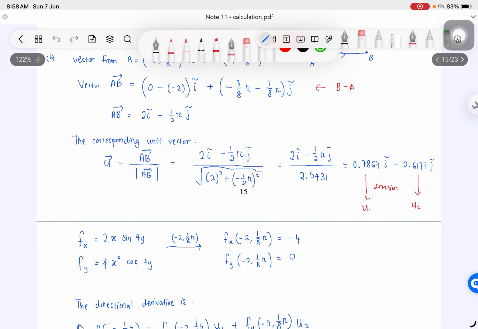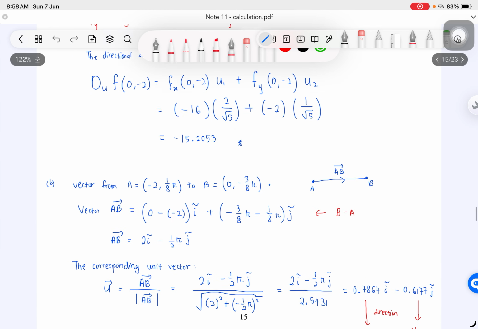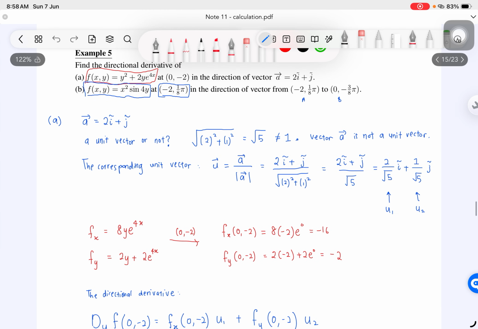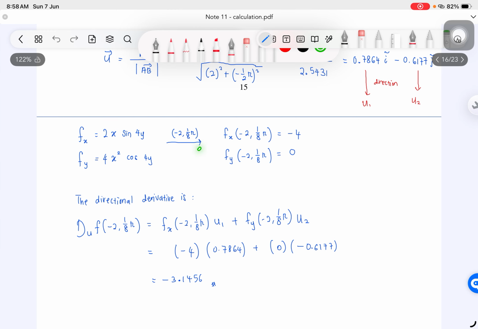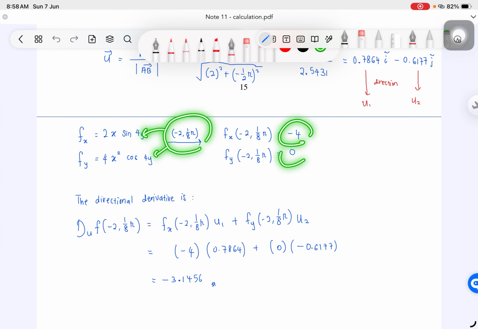To find the directional derivative, you need to find fx and fy first. So differentiate your function given with respect to x and y, and then substitute the point. Which point do you need to use? Here they are given this point, meaning that it is at point A, so you use point A. Substitute the point inside the equations of fx and fy, so you obtain negative 4 and 0.